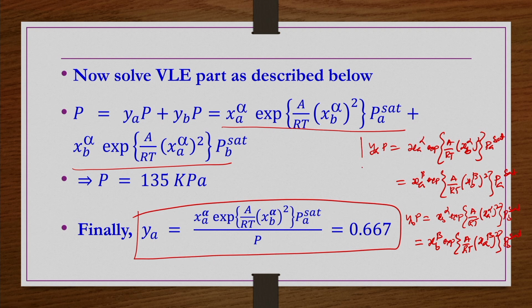So, what I have done is taken only this part of the two equations and added them together. Then I have this equation, YA P plus YB P.